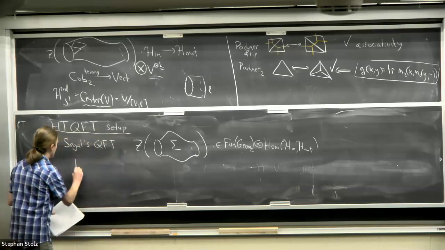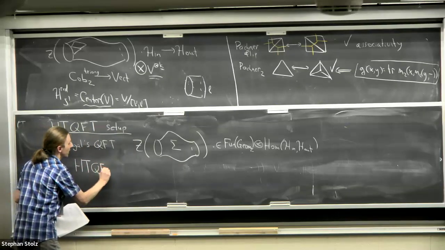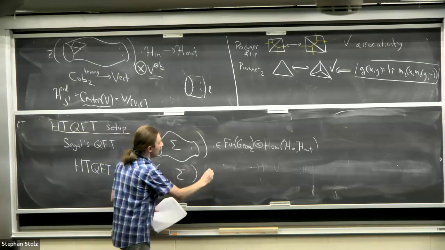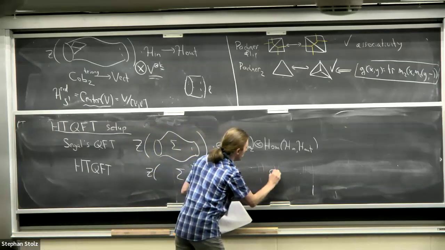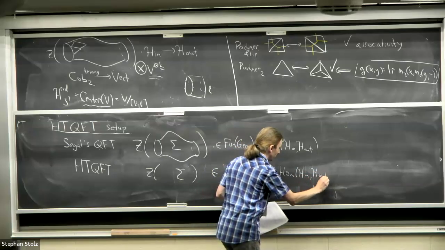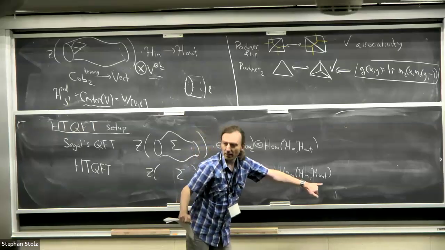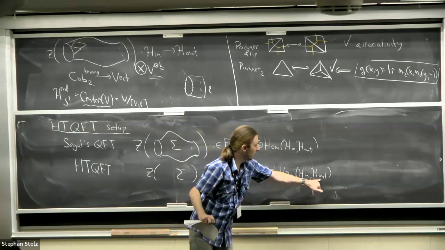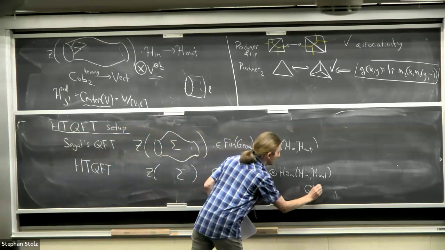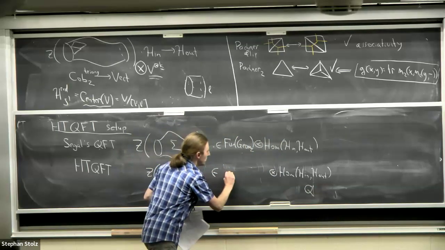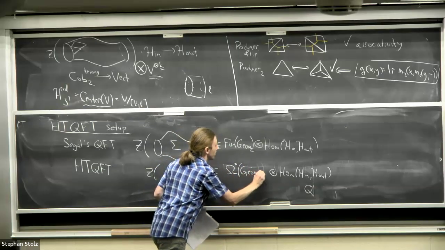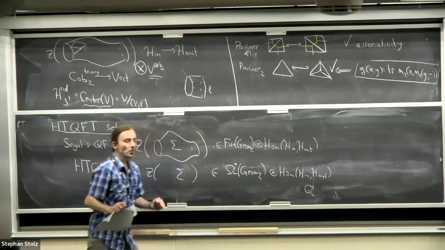What happens in higher topological quantum field theory is very similar. Z of a surface would also be a homomorphism from the in space of states to the out space of states. One wrinkle is that now the spaces of states will be chain complexes. They will carry a differential, which I will call Q. Also, instead of functions, I should put here differential forms on geometries, of different degrees.